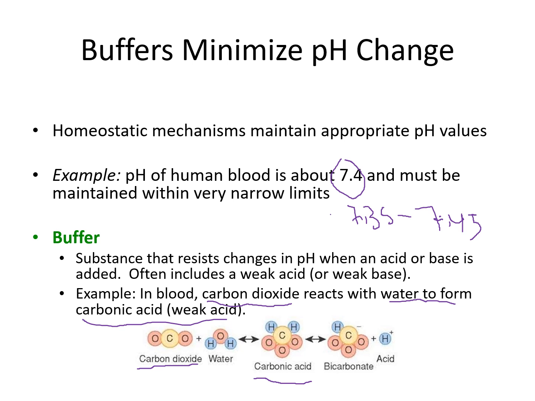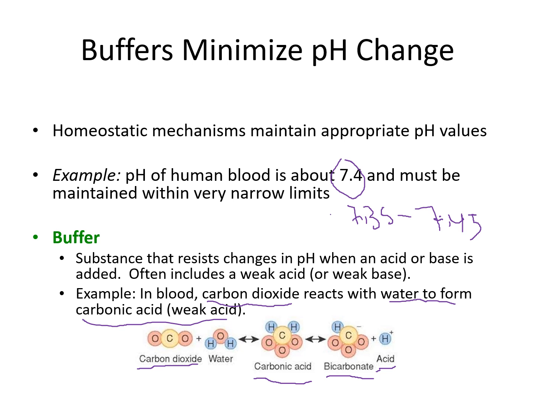Another thing about this buffer, though I don't think we're going to cover it too much, is that this carbonic acid can actually be turned into a base, which is bicarbonate, and then an acid, right? And so this is actually a very cool reaction where you're turning a pretty strong acid into a base and a weaker acid right there.